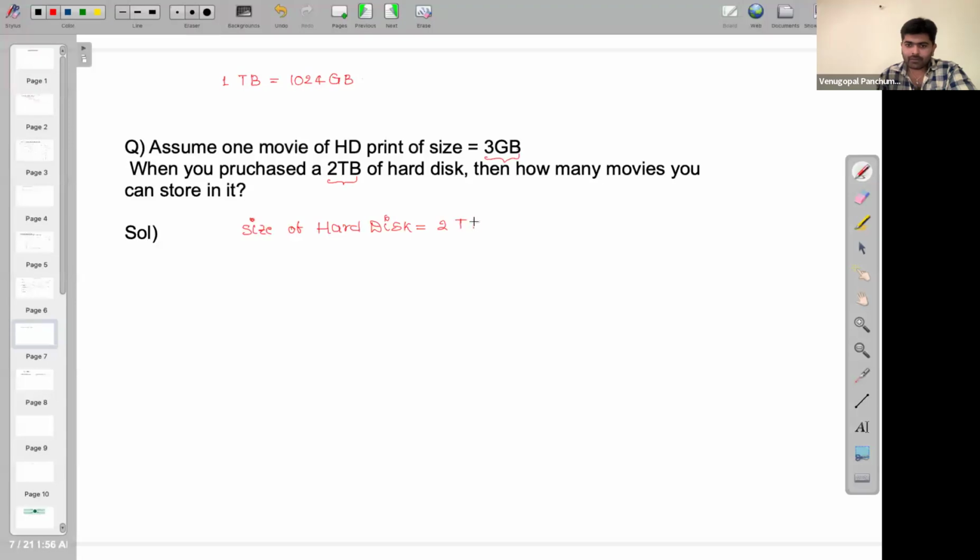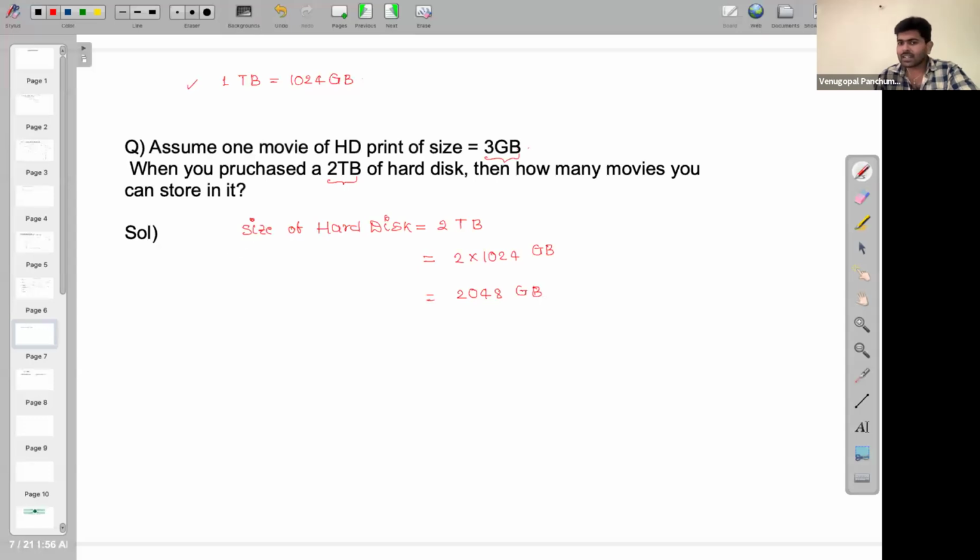What is the size of 1 TB? 1 TB is 1024 GB. So in terms of GB, this is 2 into 1024 GB, that is 2048 GB. This is the total size of the hard disk.